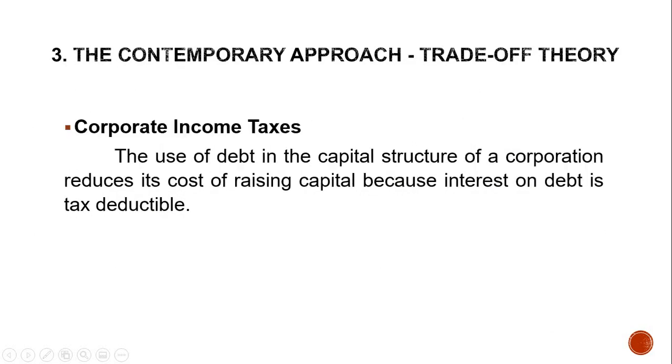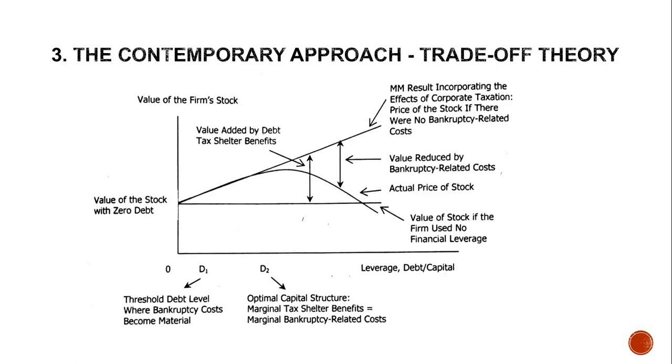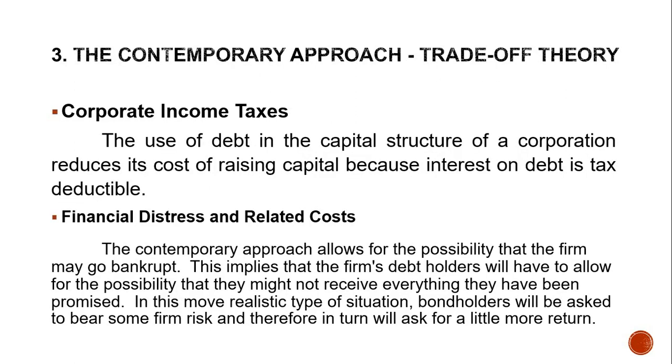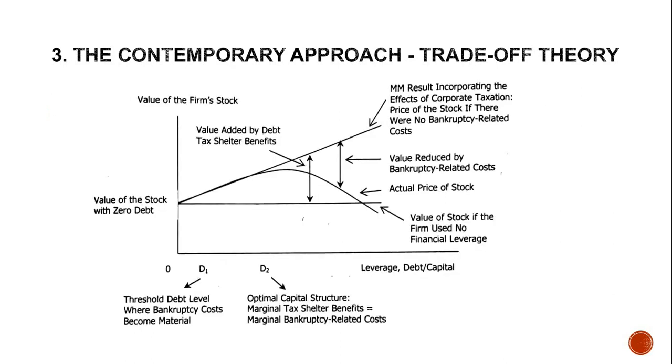But of course, because in the contemporary approach we do not just consider the corporate income tax, we also consider other factors that may affect the market value of the firm, such as financial distress, the possibility that the entity may go bankrupt.